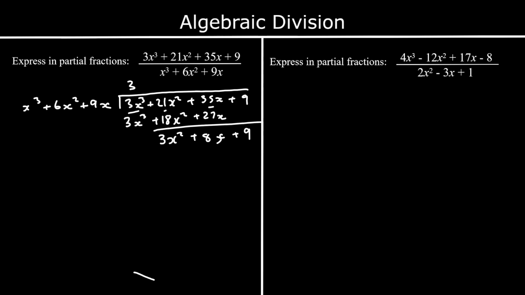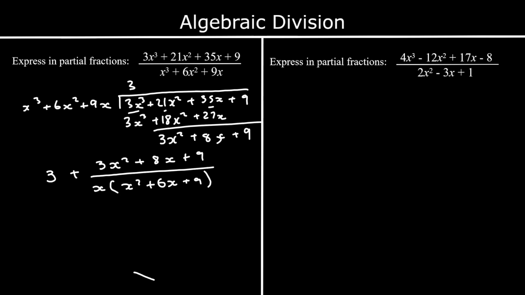So we're going to rewrite this as 3 plus 3x squared plus 8x plus 9 over our denominator, which is x times x squared plus 6x plus 9. It's actually x times x plus 3 squared.